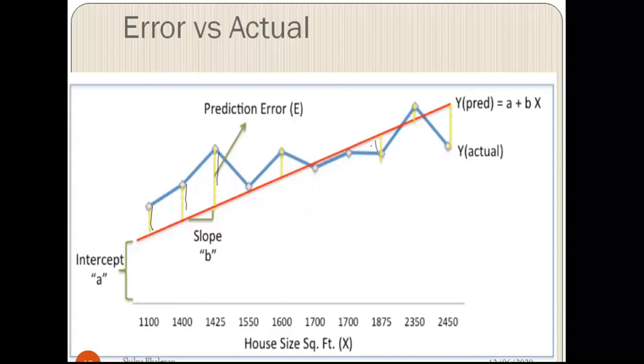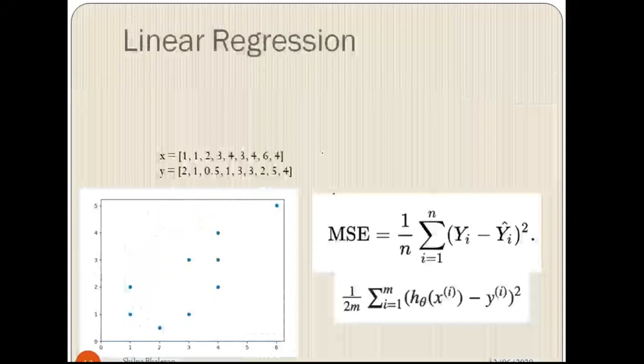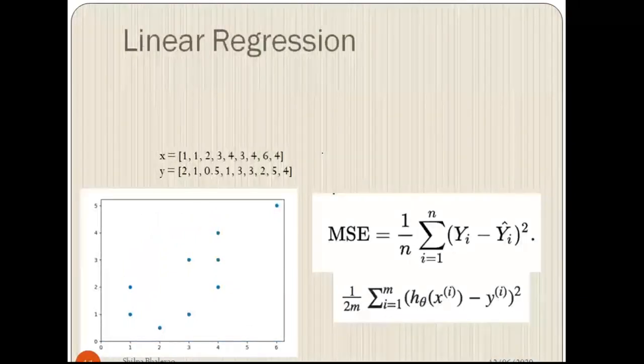If the predicted error is high, we shift the line again and compute the cost. If the cost is increasing, the previous line is better. If the cost is decreasing, the new line is better. Again, a third time we calculate in such a manner that we can get the minimum squared error.